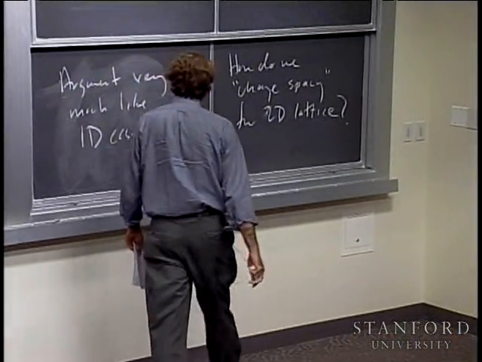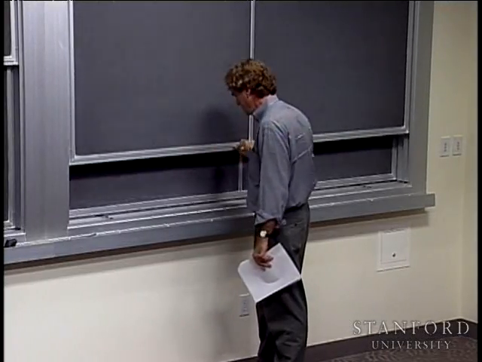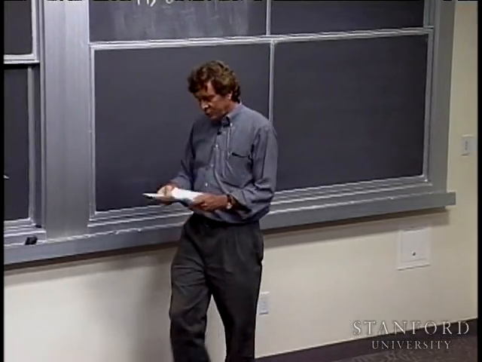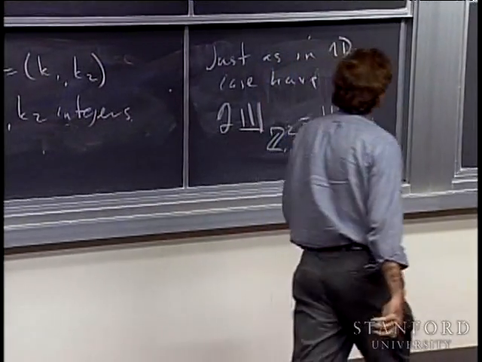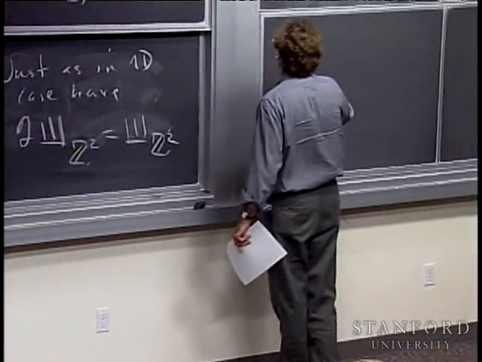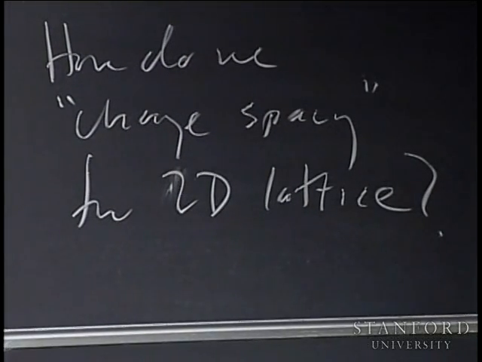But for our purposes, there's a very natural way of looking at this. In 2D, we obtain a different lattice. Let me just say informally, let's call it an oblique lattice. I'll draw a picture in just a second.